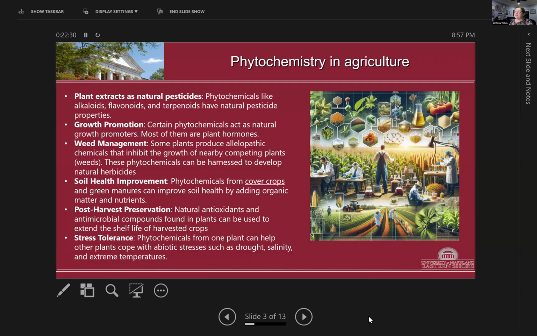And plant extracts have many different applications aside from their health benefits. We can extract from many plants phytochemicals such as alkaloids, antioxidants, in particular flavonoids, terpenes and terpenoids. And all those compounds also have a pest repelling effect.